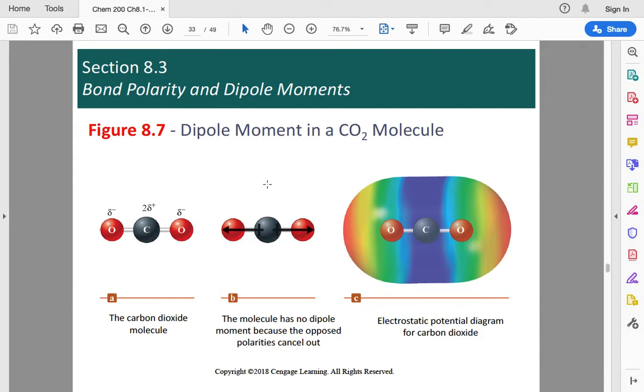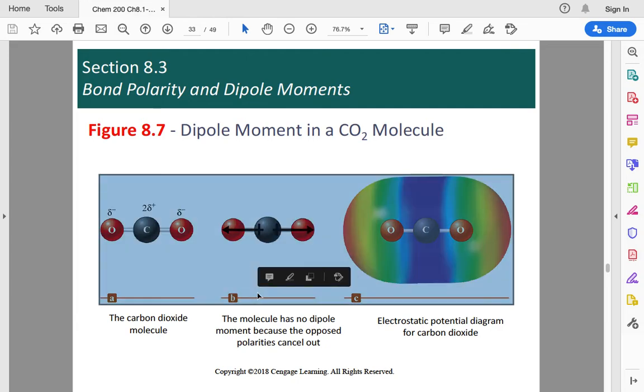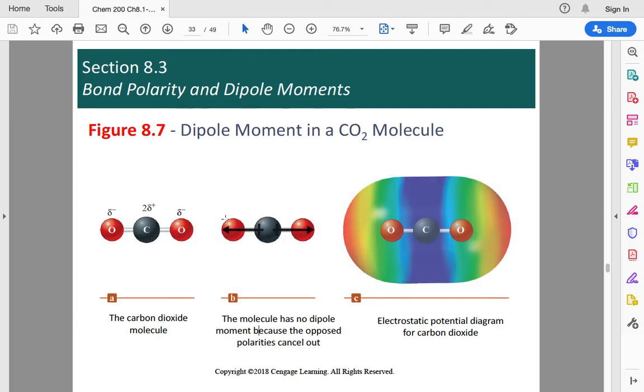Now, unlike our water, which was shaped like a boomerang, our CO2 is a flat line. It's symmetrical. So what ends up happening in CO2 is we have a molecule that contains polar bonds, but overall, this whole molecule is not polar.